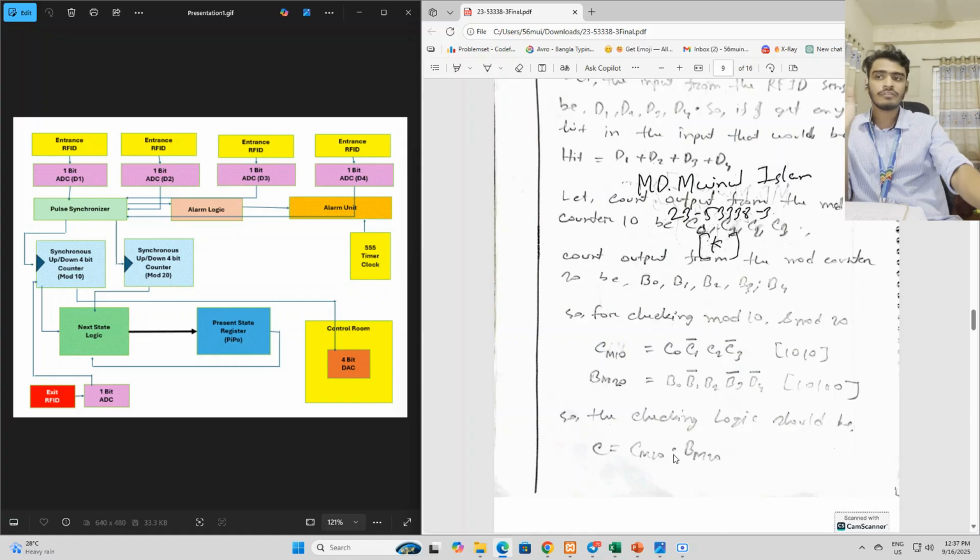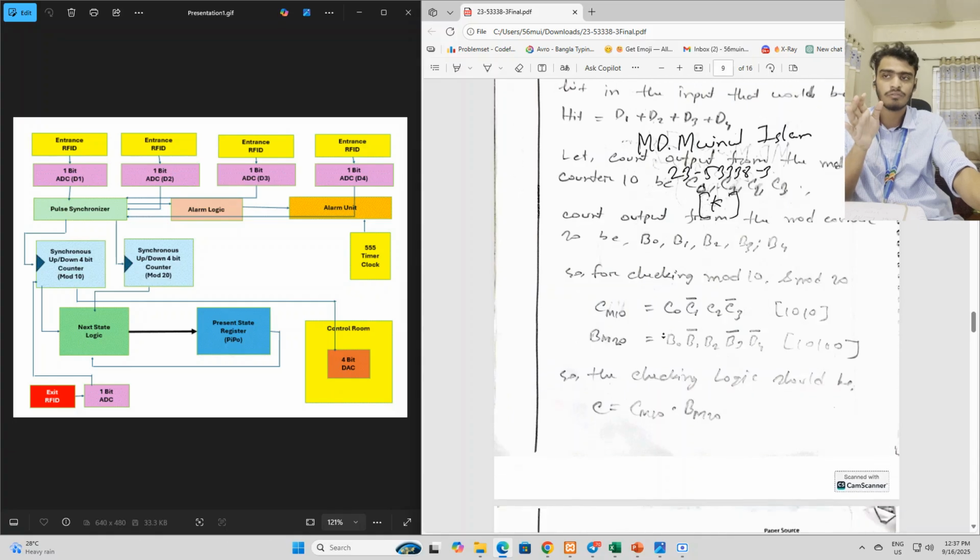If this check is complete, we can say that the ticket counter has not exceeded 20 and the passenger count is not more than 20, so we can let the passenger in. So this C is actually our checking logic for the FSM.